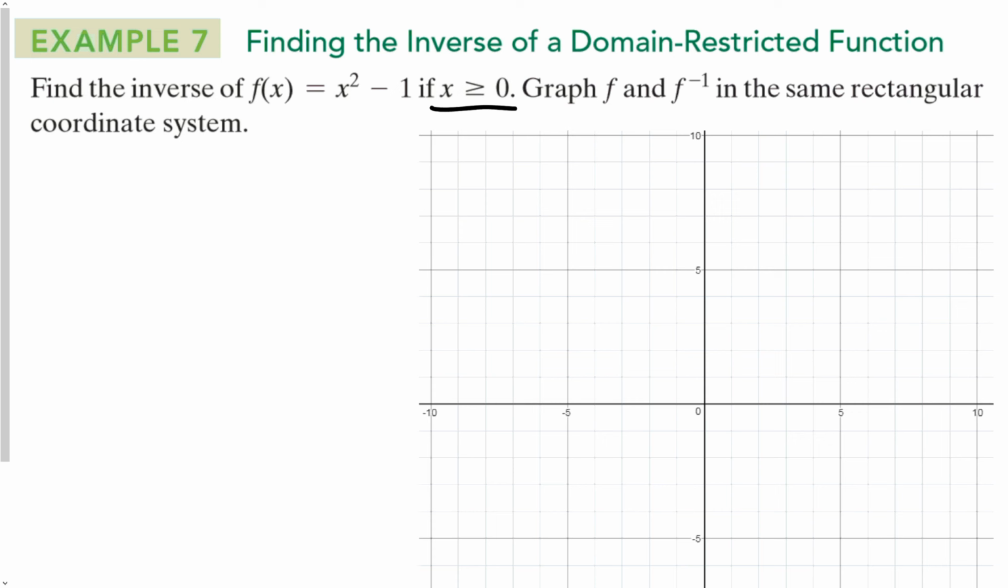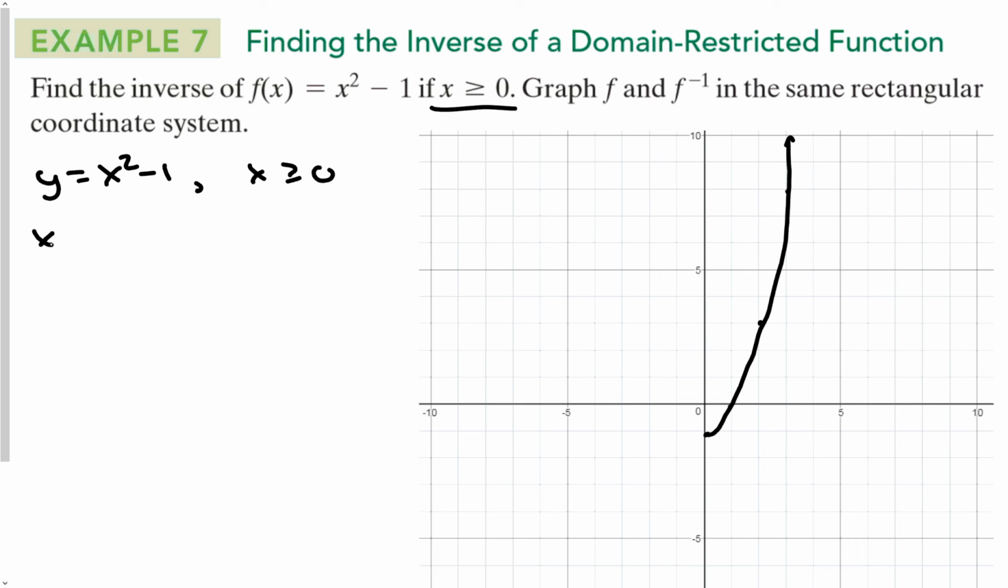So if I limit the domain, now I'm only graphing the right side of this where x is greater than or equal to 0. I don't need the other half, so now it actually passes. So let's find the inverse. Let's write this with y, and let's include this restriction right here that x is greater than or equal to 0.